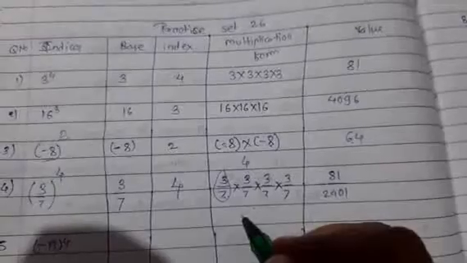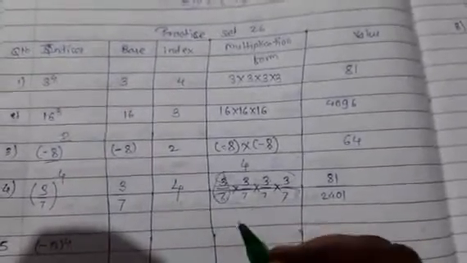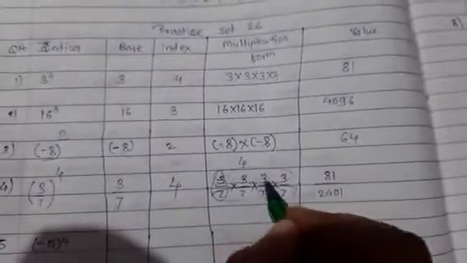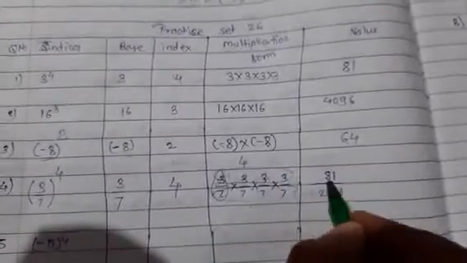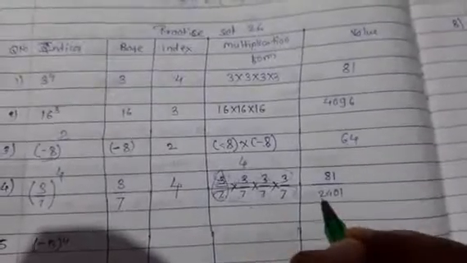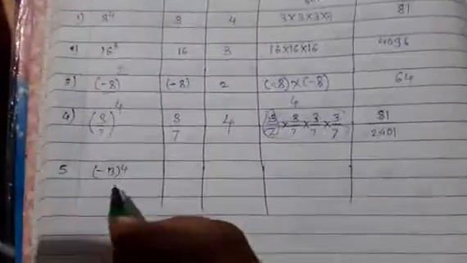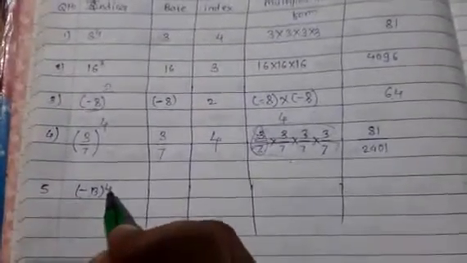In the last chapter we learned to multiply numerators and multiply denominators. So 3 into 3 into 3 into 3 will be 81, and 7 into 7 into 7 into 7 will be 2401.